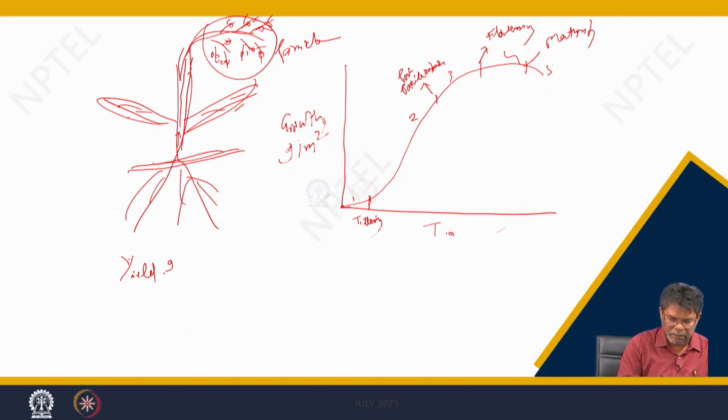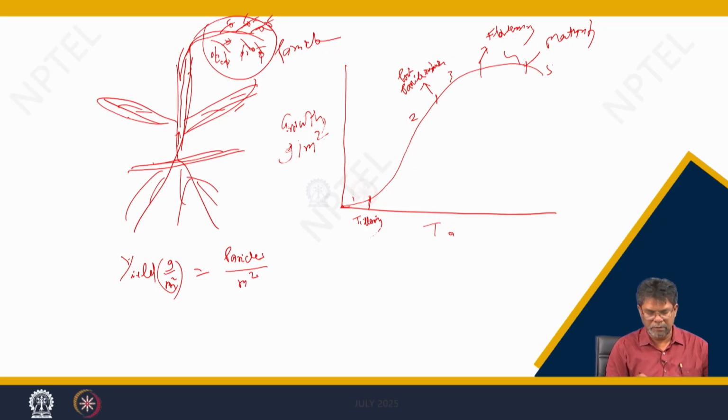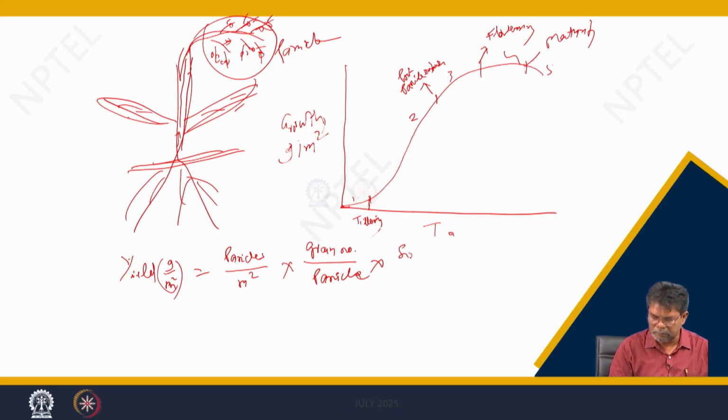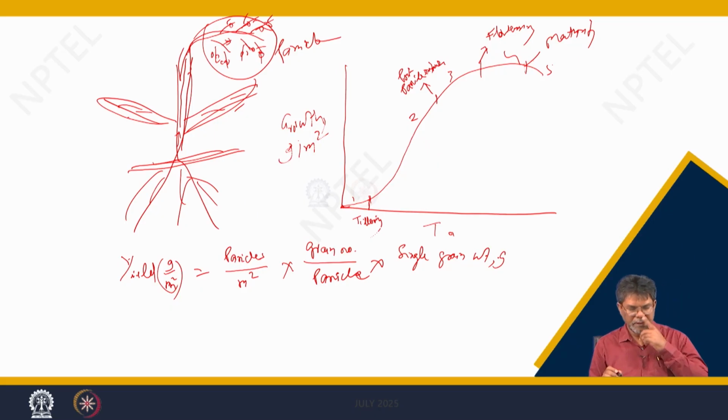The unit gram per meter square is equal to the number of panicles per meter square, into grain number per panicle, into single grain weight, in gram. These are the three components of rice yield formation.